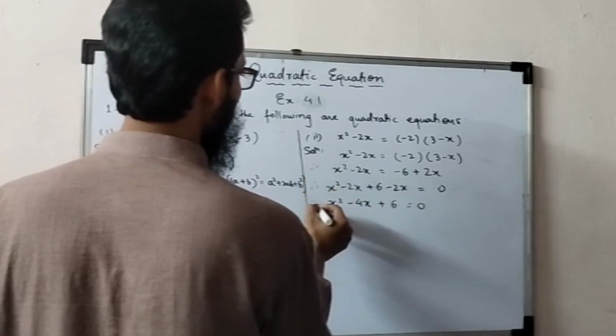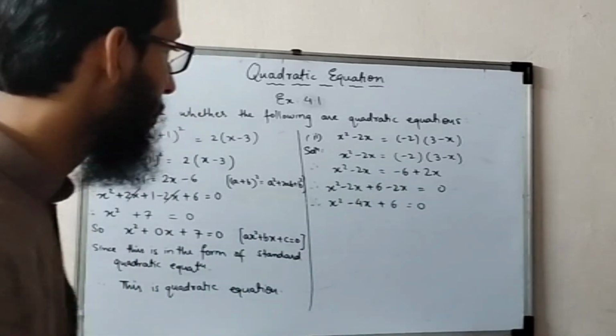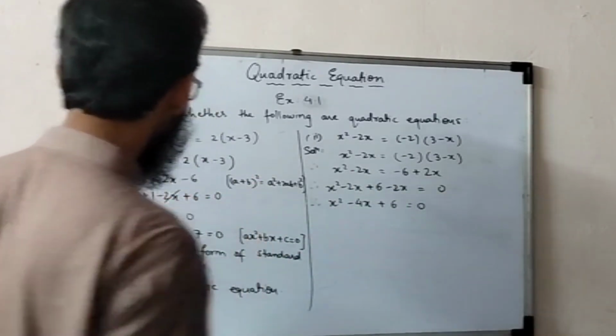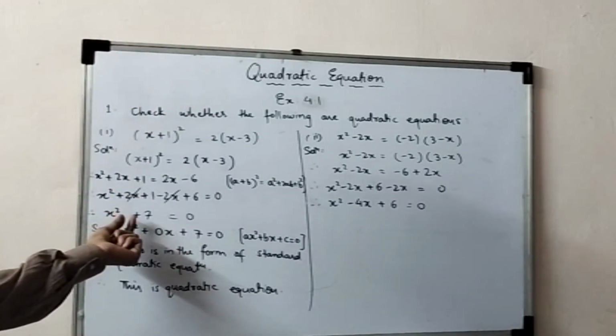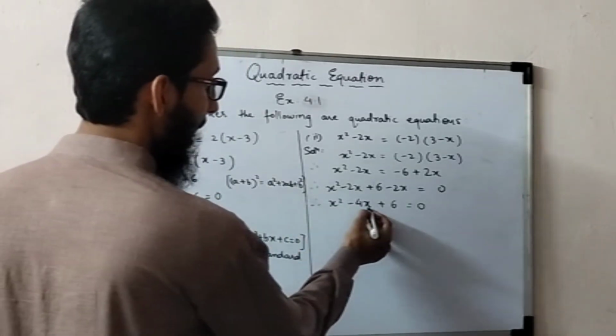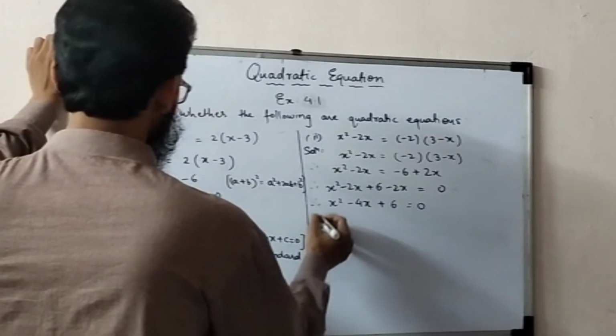Understood? Therefore x square minus 4x plus 6 is equal to 0. You can see this is already in the form of a quadratic equation. Here we did not have the middle term, but here we have it: x square term, x term and the constant term. All terms are present.